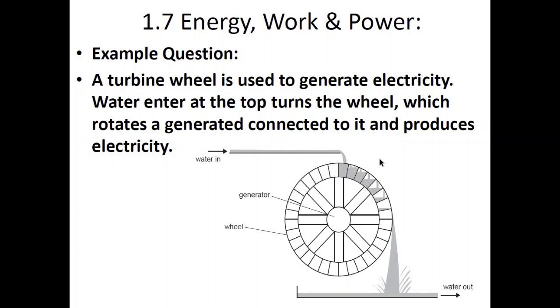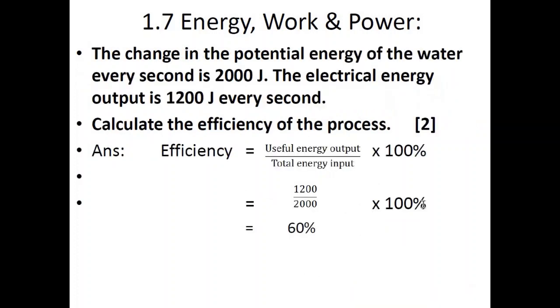Example question: a turbine wheel is used to generate electricity. Water enters at the top to turn the wheel, which rotates a generator connected to it and produces electricity. Here's the generator. The change in potential energy of water is 2000 joules per second. The electrical energy output is 1200 joules per second.